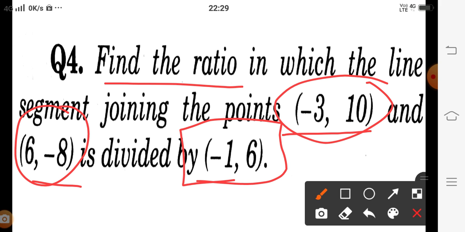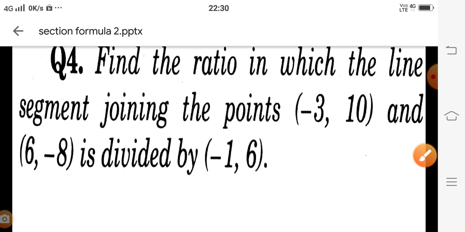In these kinds of questions, we assume that the given point divides the given line segment in a ratio, and that ratio we take as k:1. Let us solve this question.